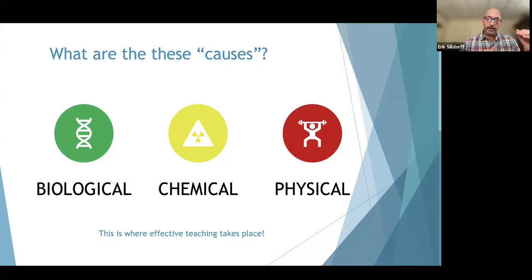The key point here is that these biological, chemical, and physical causes is where all of the teaching occurs. You can tell students factual information all day long. That's not really teaching, right? Teaching is helping someone else understand something. And without a real emphasis on the in-betweens, what's between the dominoes as opposed to the dominoes themselves, then we're not being as effective as I think we could be.